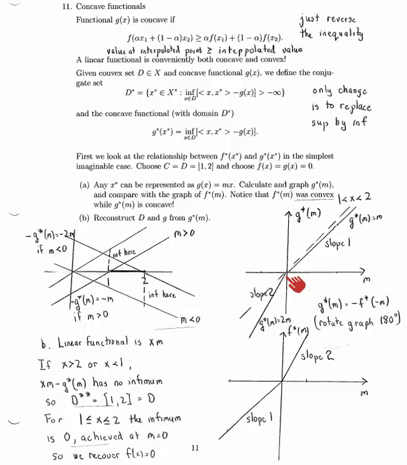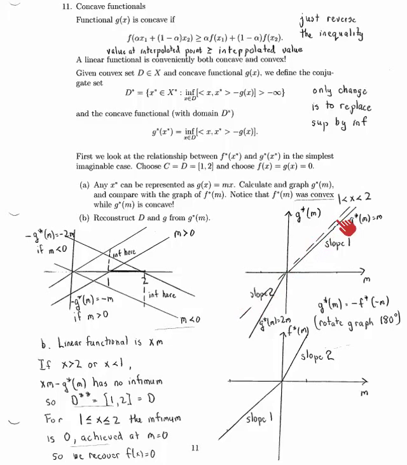So it shouldn't be too much of a surprise that we can recover the original function. Here's how we do it. Slide a line of slope x down from above. See where it first touches the graph.